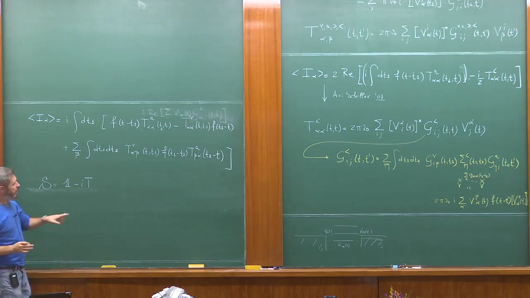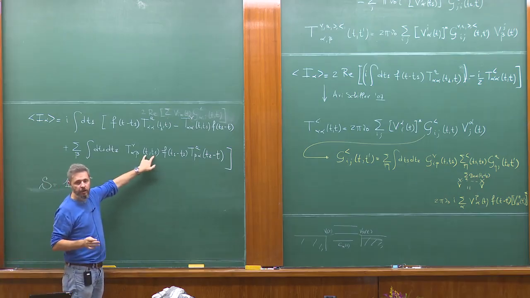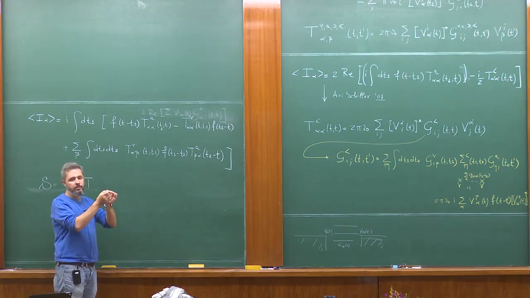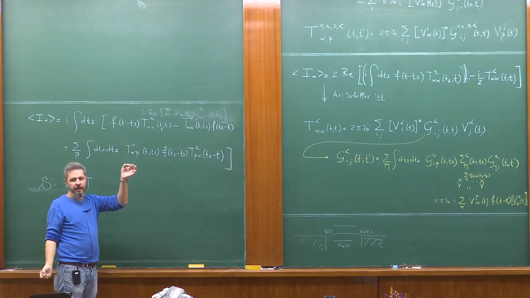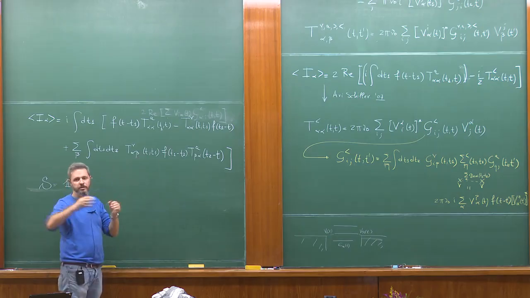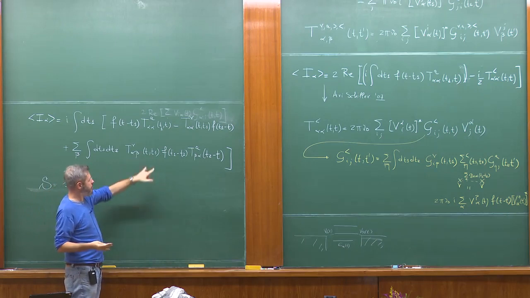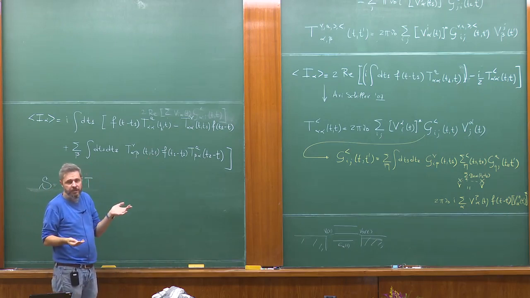Now, here I'm dealing with time-dependent objects. For a time-dependent object, what is the identity? I always think about these convolutions as products of matrices; that's in my head. So what is the identity? It's a delta function. What else?